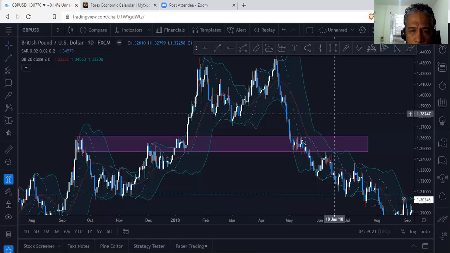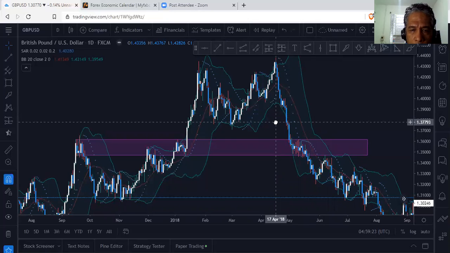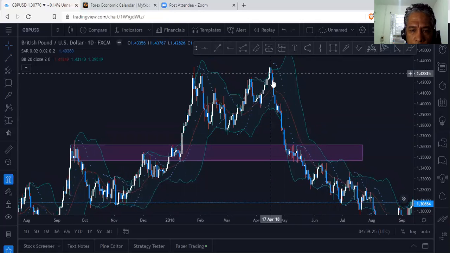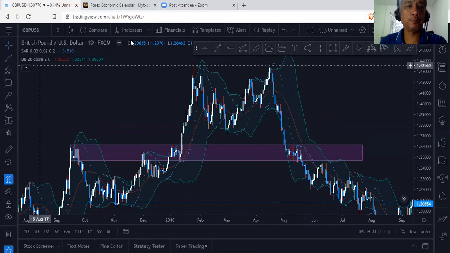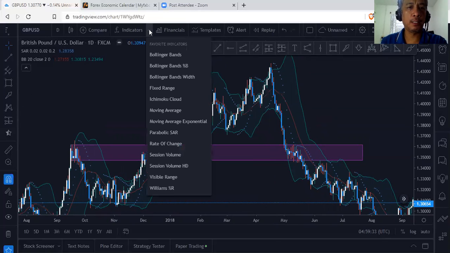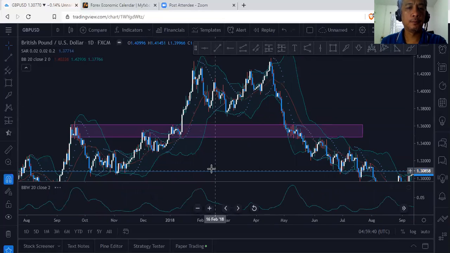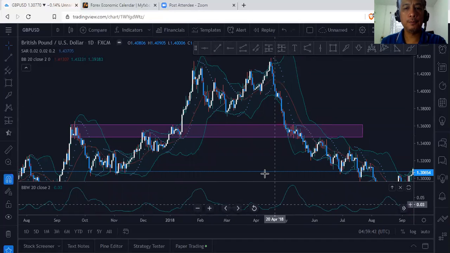See that? So in the Bollinger Band, you can see there's a squeeze, but let's check if this squeeze will be confirmed by our Bollinger Bandwidth. Check it. See?